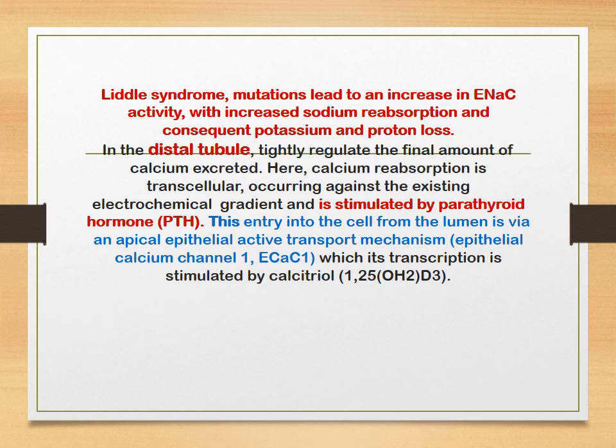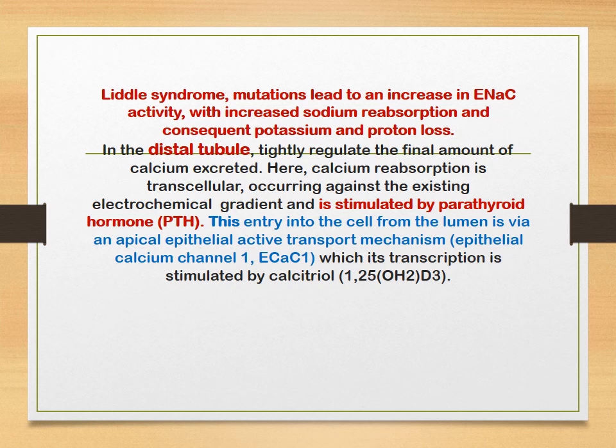At the distal tubules, there is a tight and final regulation of calcium reabsorption, which defines the final excreted amount of calcium. At this site, calcium is reabsorbed via the epithelial calcium channel under the stimulation of parathyroid hormone.